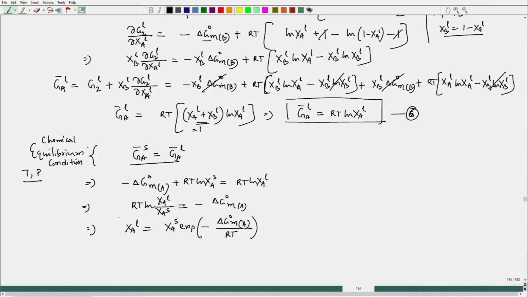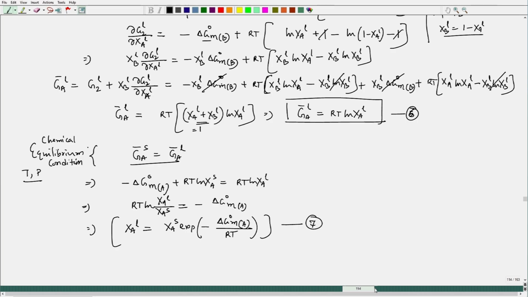So this is another important equation, let's say equation 7. So we get an equation for liquid solution with reference to A composition. That's what XAL and XAS we are considering. Here R is the gas constant, T is the temperature of consideration, and delta G M0 A is nothing but the melting free energy change for A at that temperature.